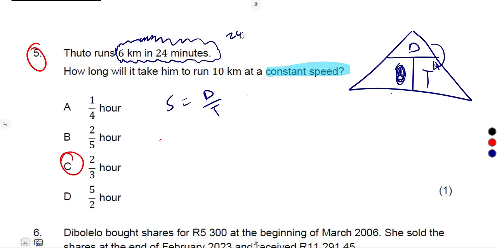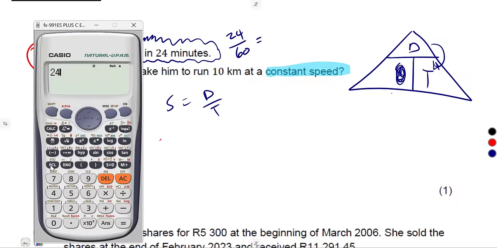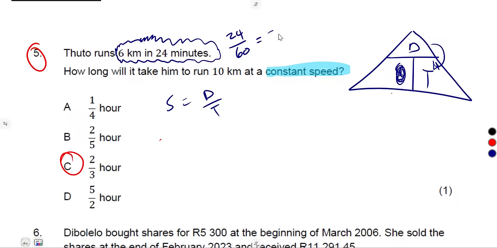So 24 minutes to hours, that's 24 over 60. Let me use a calculator here. 24 over 60, okay, that's 2 over 5. So this is 2 over 5 hours. Okay, that is our time in hours.